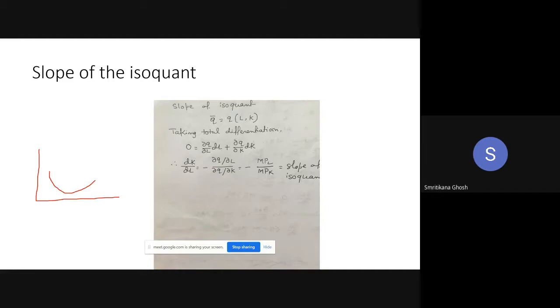At this point, the slope is infinite because MPK is 0. Then after that MPK will be negative, and in that case your isoquant will be positively sloped. So this is the shape of your isoquant. If you get the total stretch of the marginal product curve, is that shape of the isoquant okay for you?